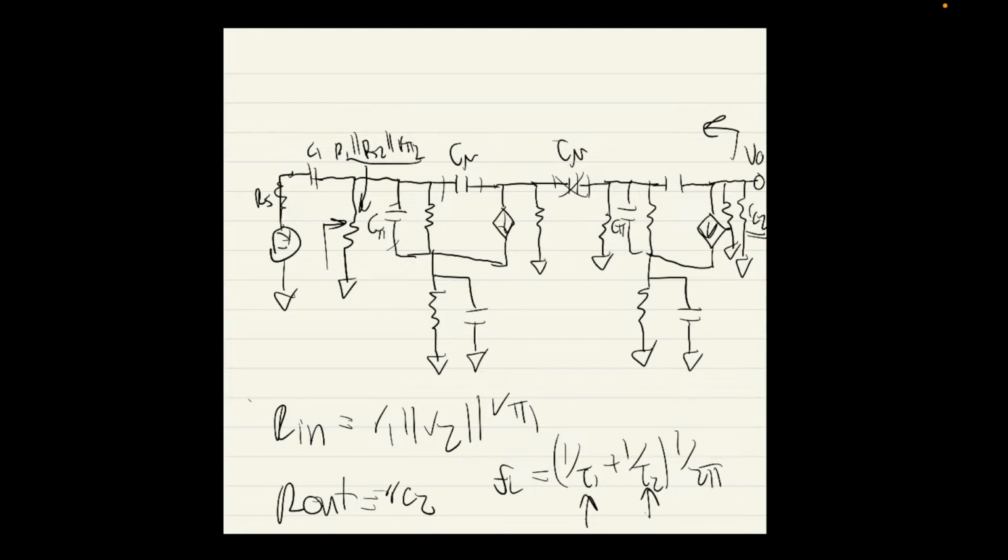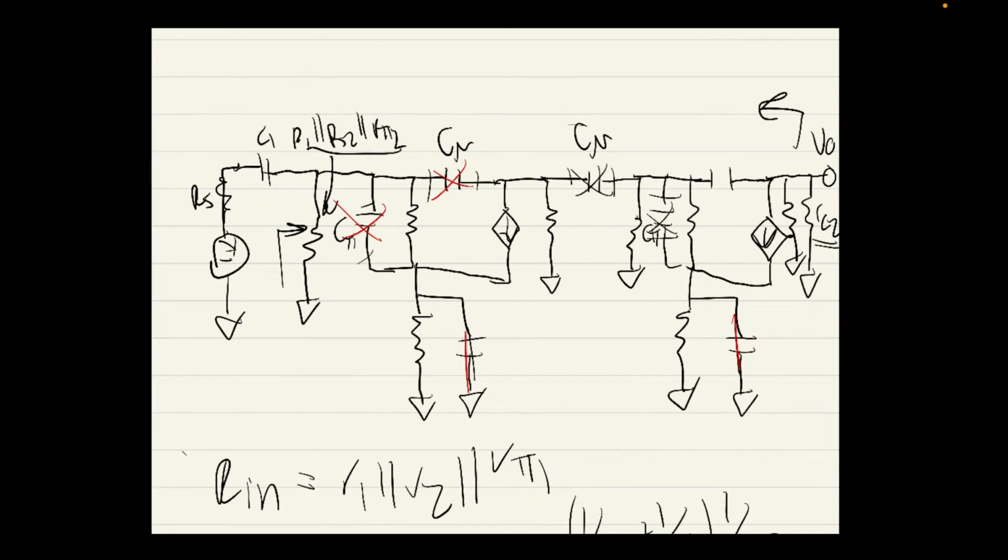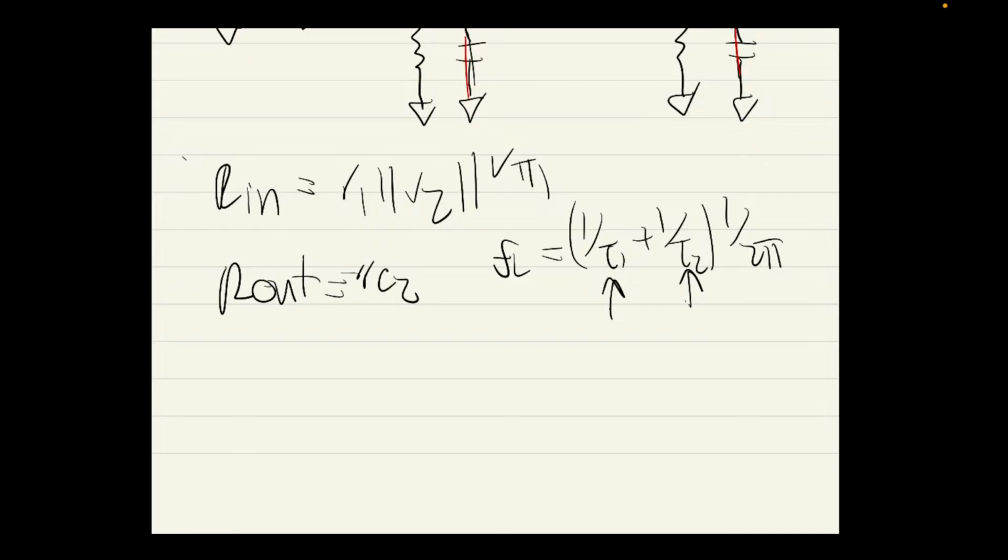You would open circuit all of these, open circuit this one as well, and then short circuit a lot of these external capacitors. This one would be open circuited in any case. Then you just find the open circuit time constants from C1, and that's not C mu. I wrote that wrong. That's C2. This is C2. This is C mu.